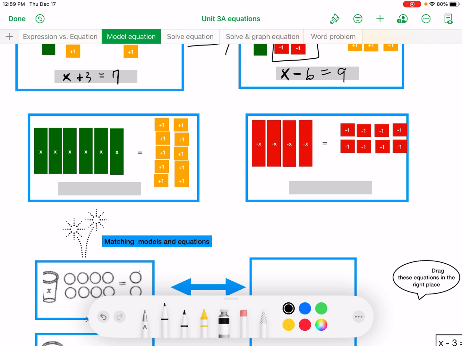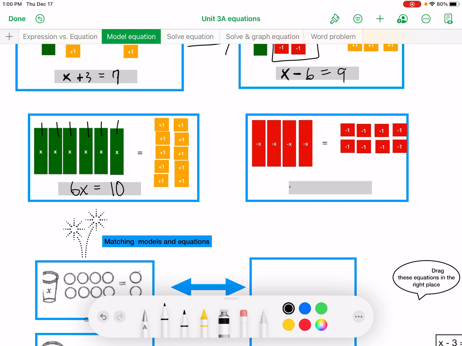Here we only have variables. We're going to count how many variables we have. 1, 2, 3, 4, 5, 6. I have 6x, 6 variables, is equal to 2 groups of 5, which is 10 positive units. Now we have some examples of a negative variable.